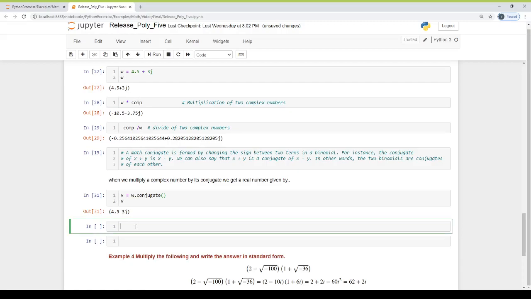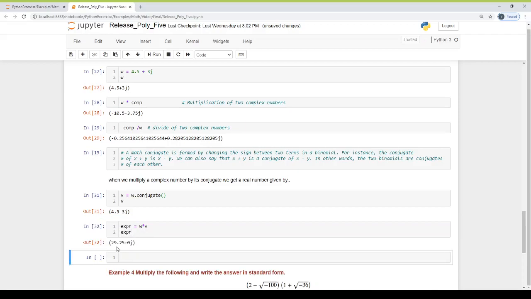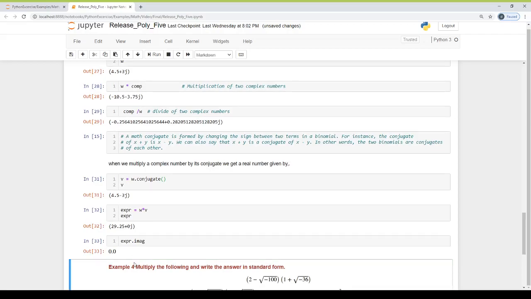Now multiply it with its original parent, that is w into v, expression, shift enter. It is 29.25, a real number, plus 0j, zero imaginary part. Let's check its imaginary part. expr.imag, shift enter, it is 0.